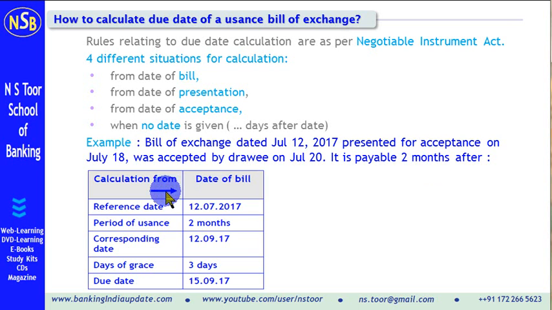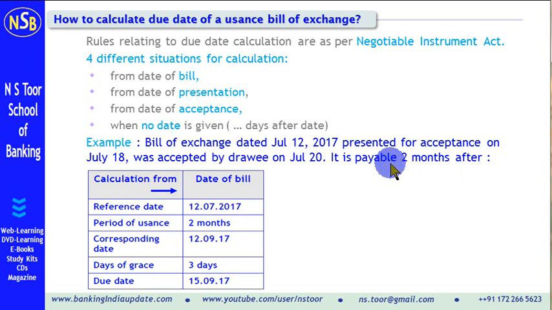First of all, we shall take the reference date. Here, reference date means the date from which the calculation is to be made. Since we have assumed that first we are going to calculate from date of bill, we take date of bill here. So July 12, 2017 is date of bill.